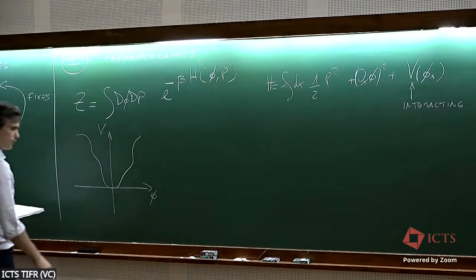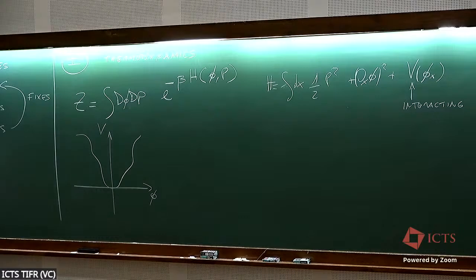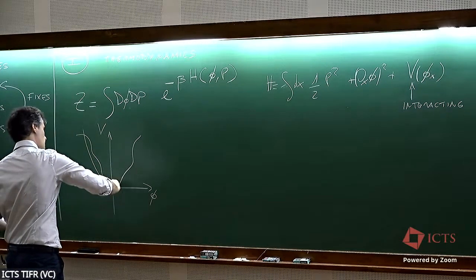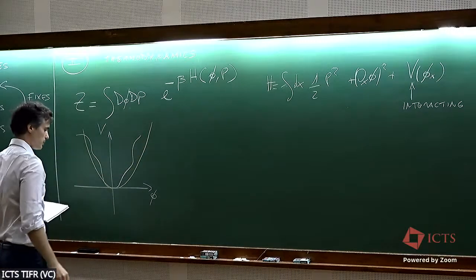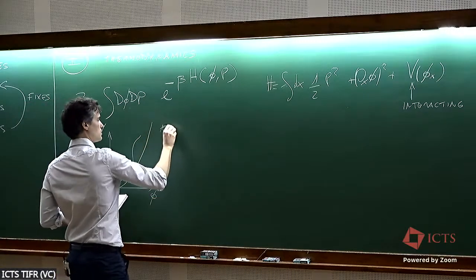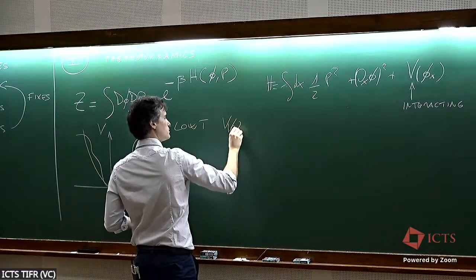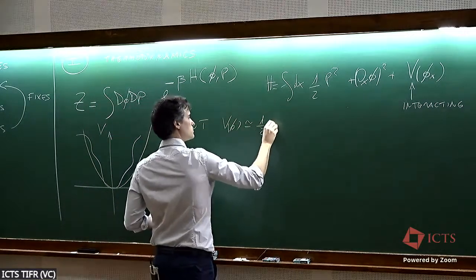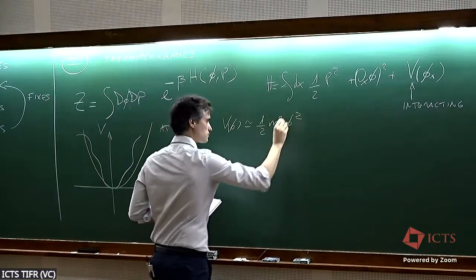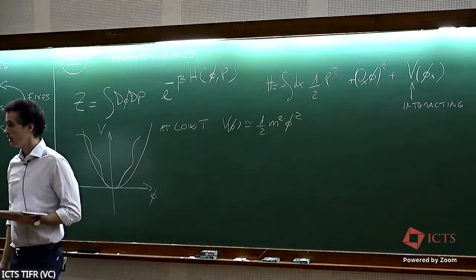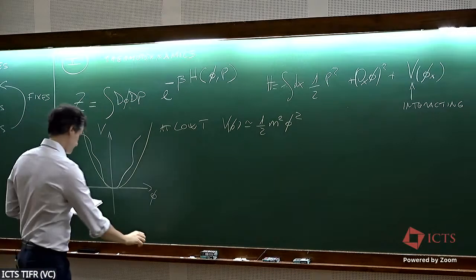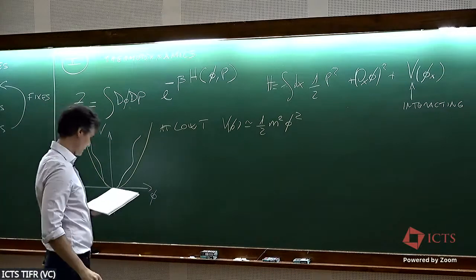However, if we are at very low temperatures, we can start introducing the harmonic approximation of the potential. So the idea is to replace this with the proper harmonic approximation. And now, once we are harmonic, we know how to solve it. How do we solve it?